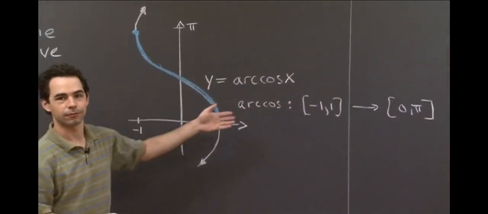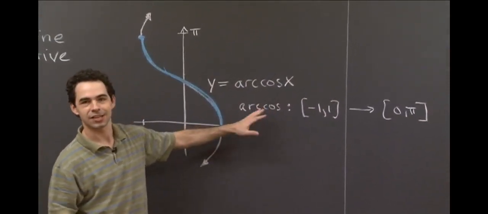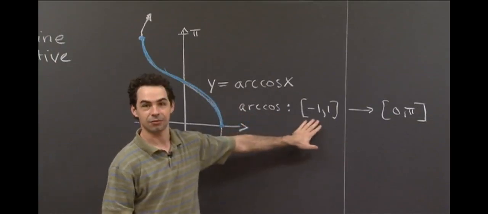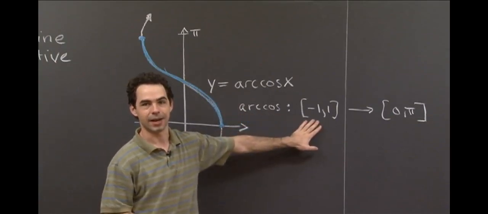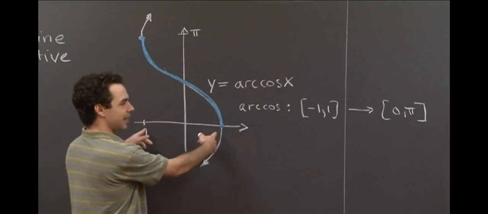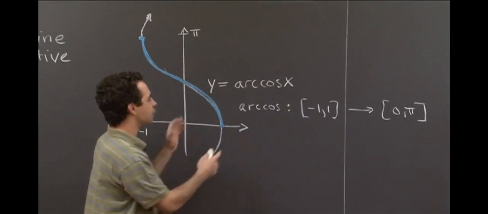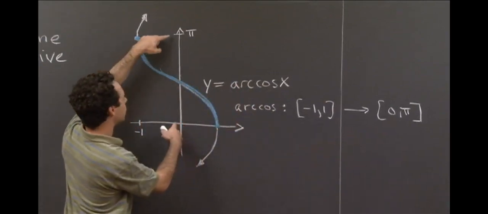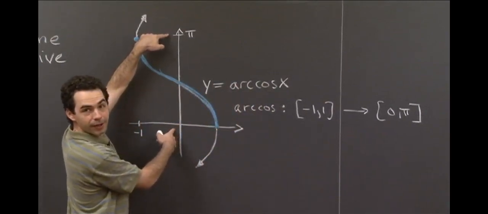So this is a sort of fancy notation that mathematicians use to say the arccosine function takes values in the interval [-1, 1], and it spits out values in the interval [0, pi]. So every value that it spits out is between 0 and pi.